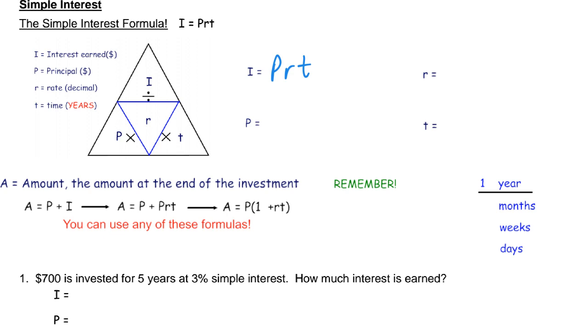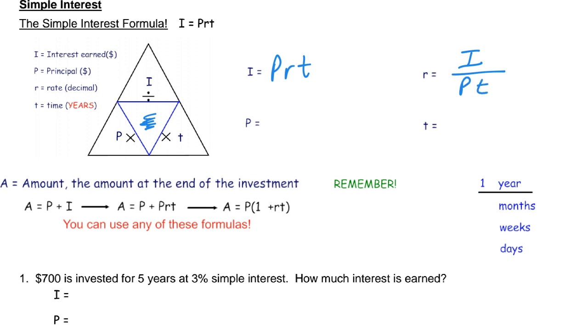Now, in order to calculate our R value, we need to basically just get rid of R in this entire equation, and then we realize that R is going to be I divided by whatever's left over in our triangle, and we end up with P times T.